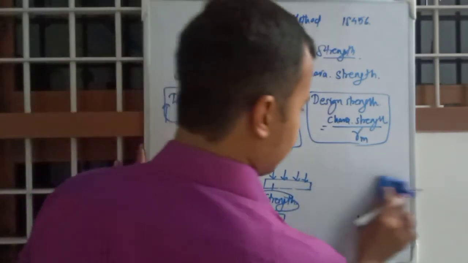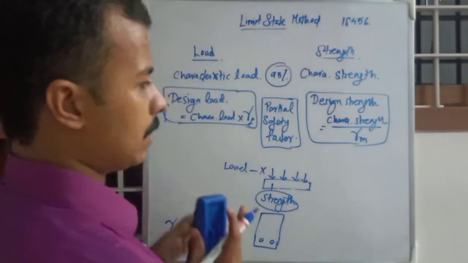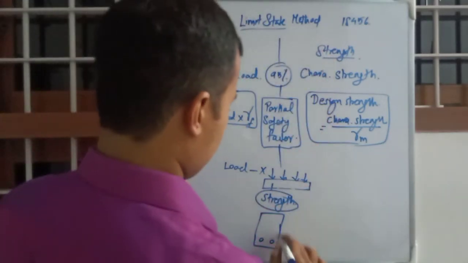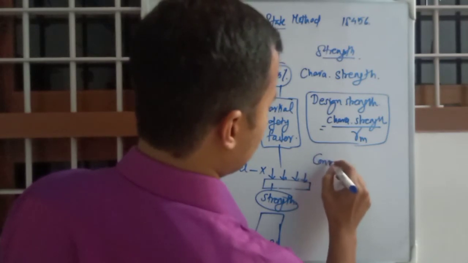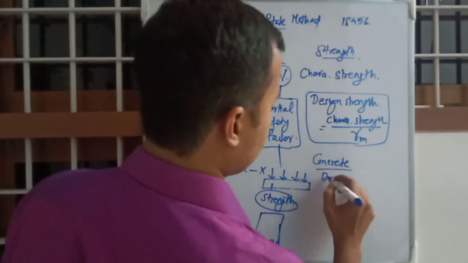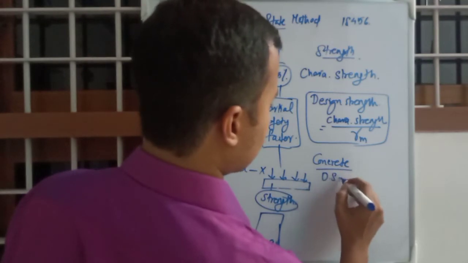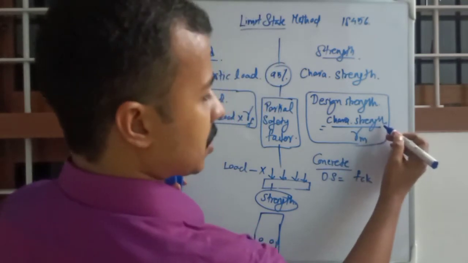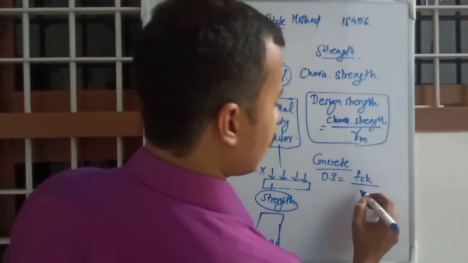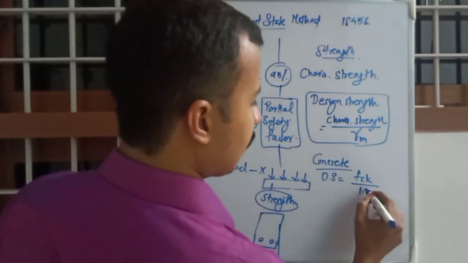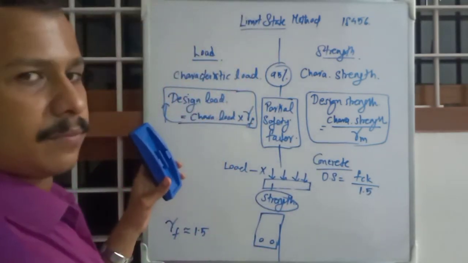And in case of concrete, design strength is equal to FCK, the characteristic strength of concrete, divided by the partial safety factor, which for concrete is given as 1.5.